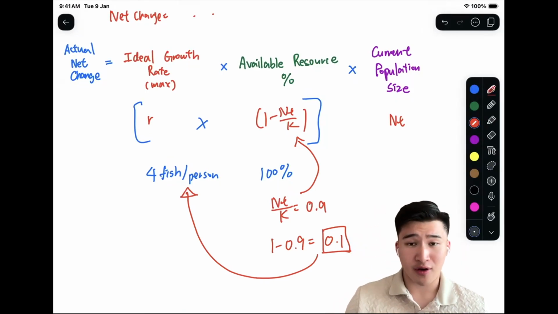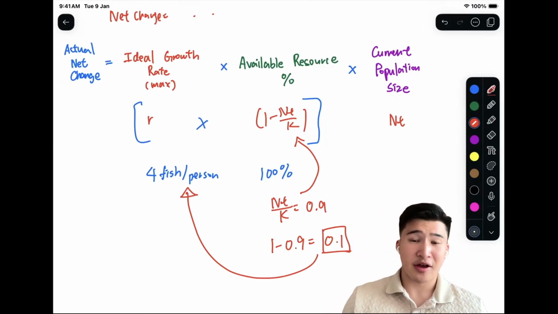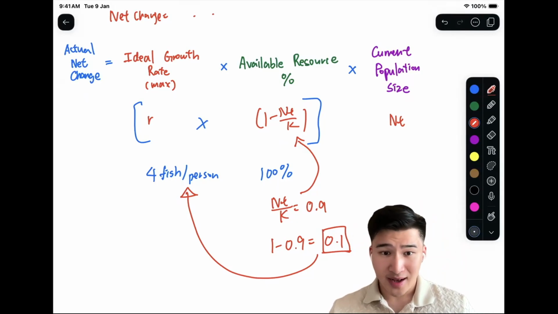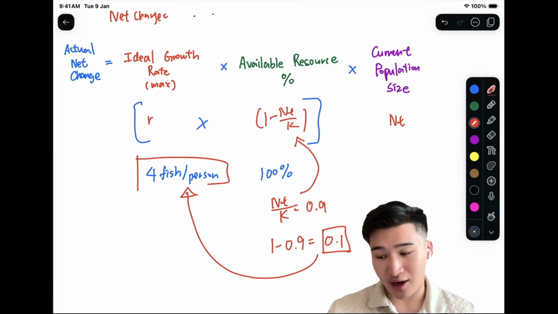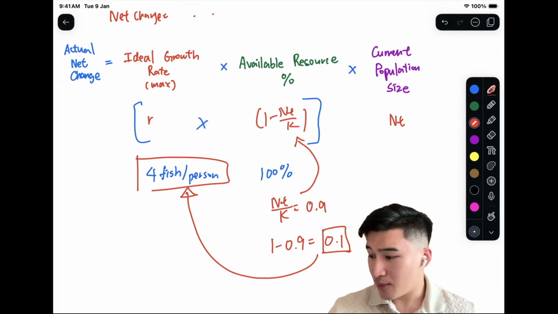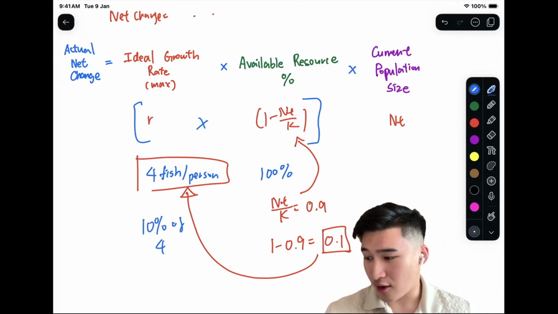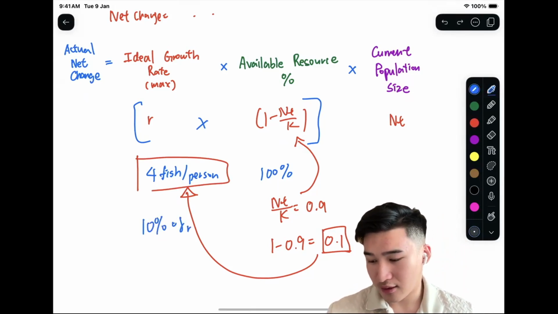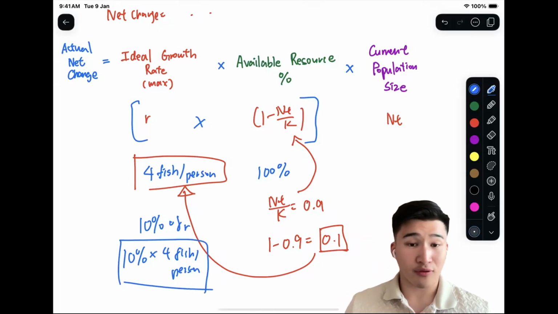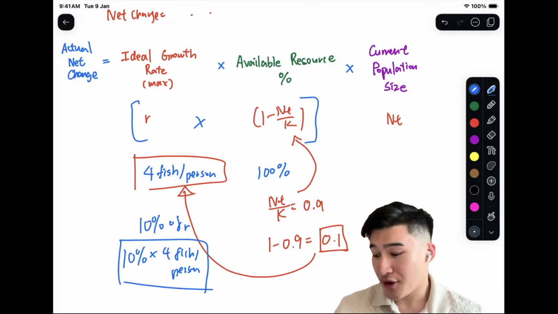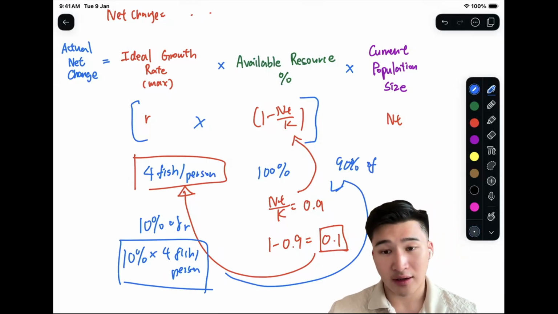Basically, when we're already at 90% of our capacity, the growth rate would not be 4 anymore. It will not be our ideal, but instead it will be 10% of our ideal growth rate, which is 10% times 4 fish per person. This would be the growth rate when we are already at 90% of our capacity.